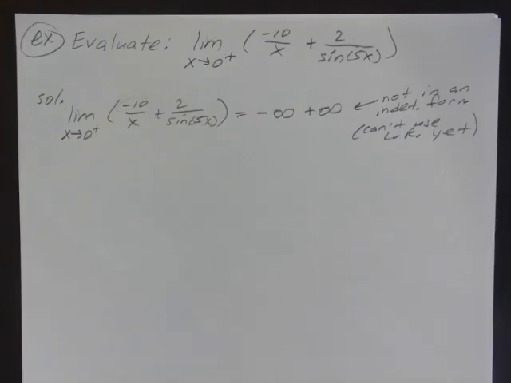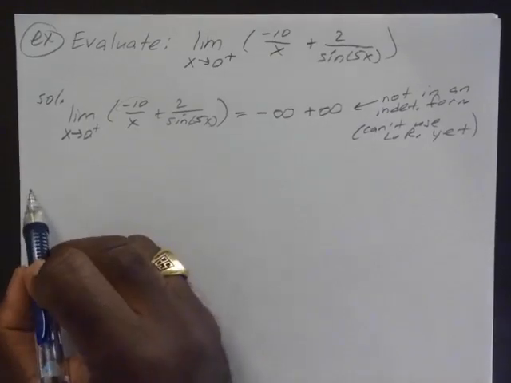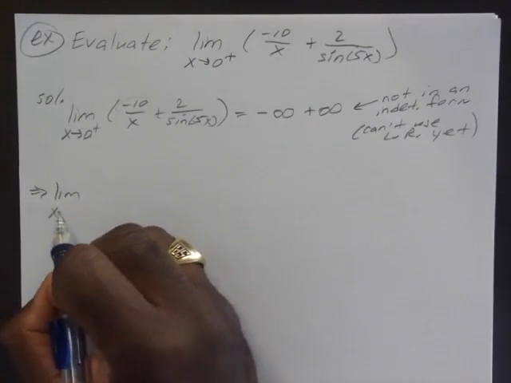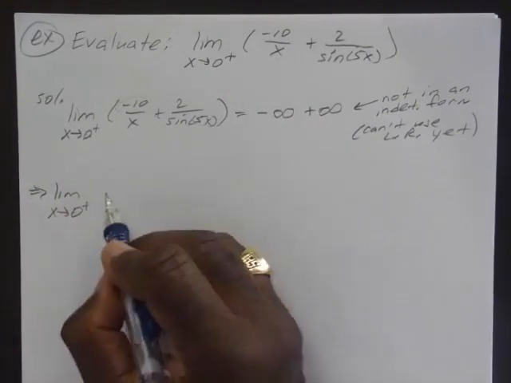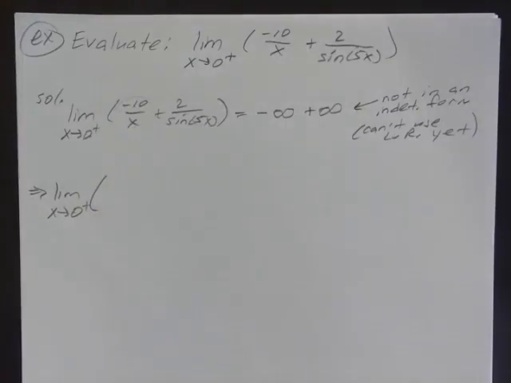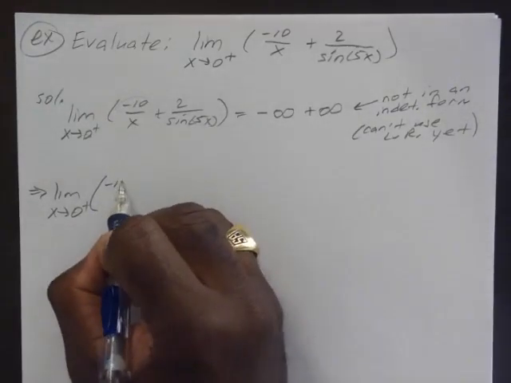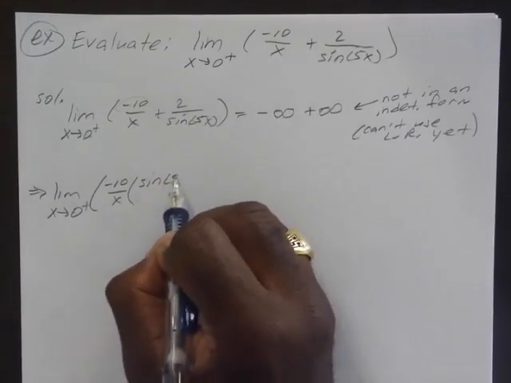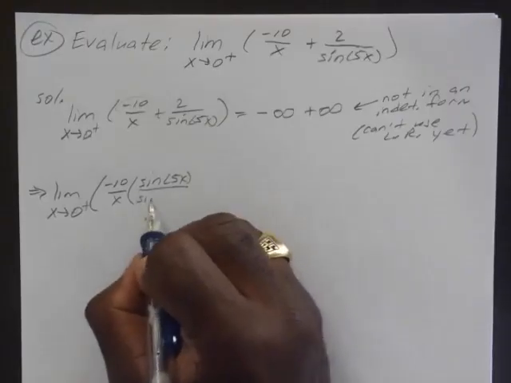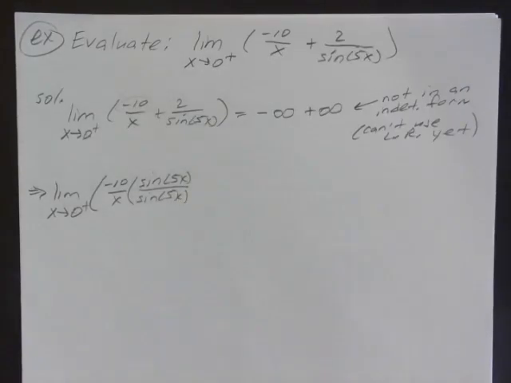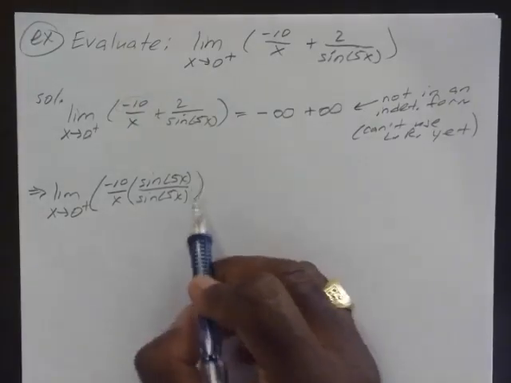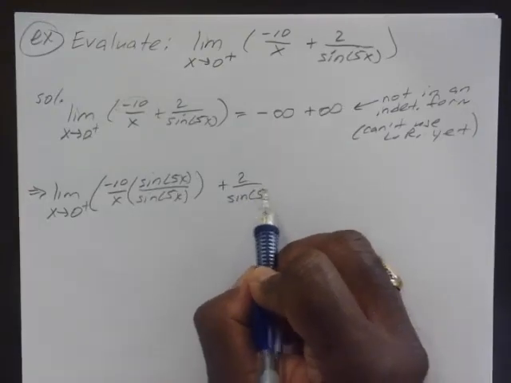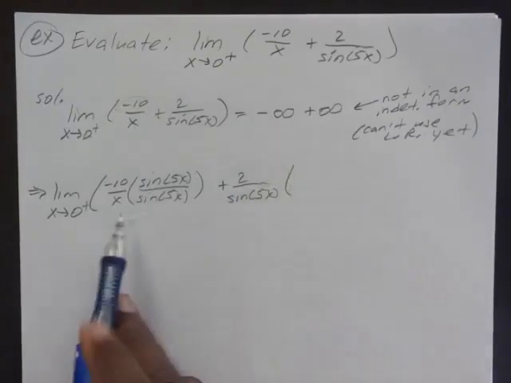So again, whenever you have a sum or difference of two infinite values, most of the time it helps to multiply by the opposite denominator. We have negative 10 over x, and we're going to multiply that by sine of 5x over sine of 5x, plus 2 divided by sine of 5x, and we're going to multiply that one by x over x.